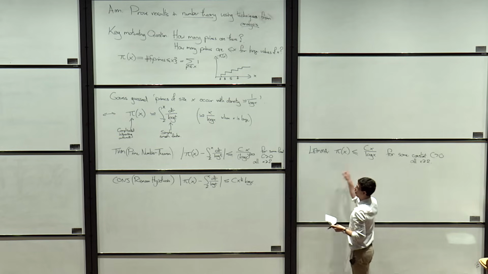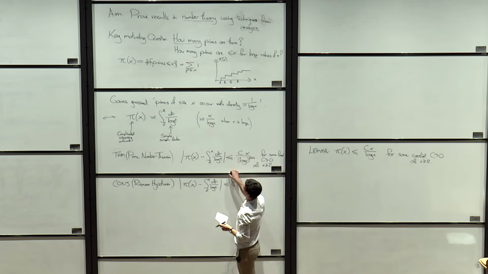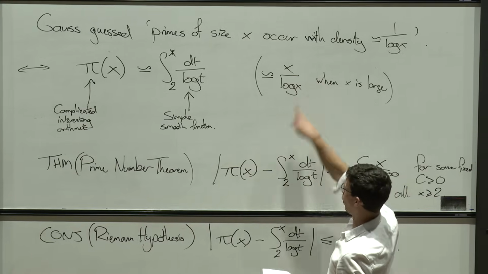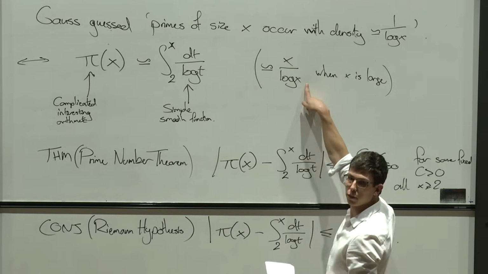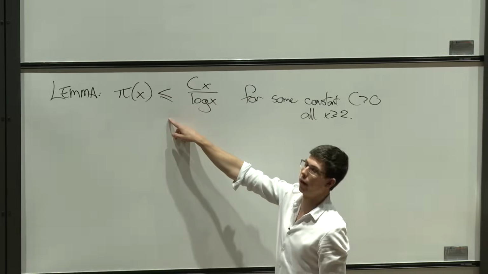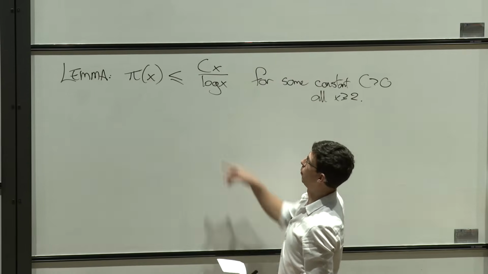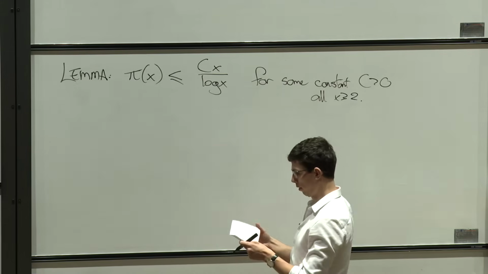So if we remember from here, we're expecting pi of x to be of size roughly x divided by log x. And so this is rather weaker than this, but it's saying it can't be much larger than x over log x. We're getting the correct order of magnitude, but we're off by some constant factor c.